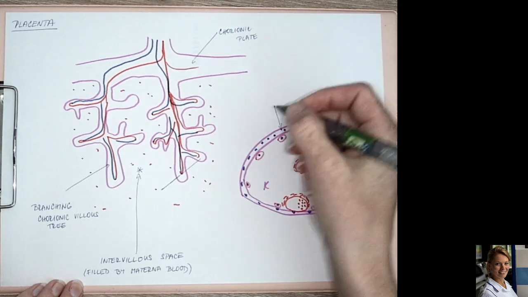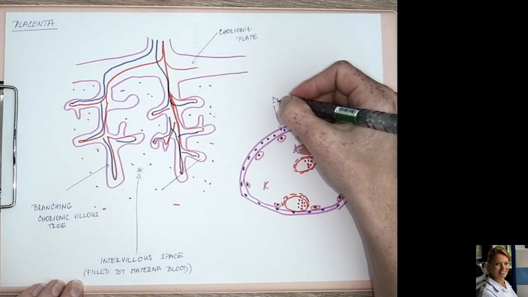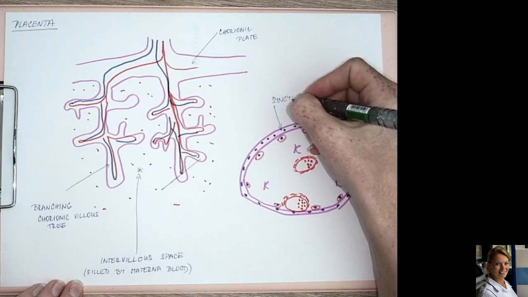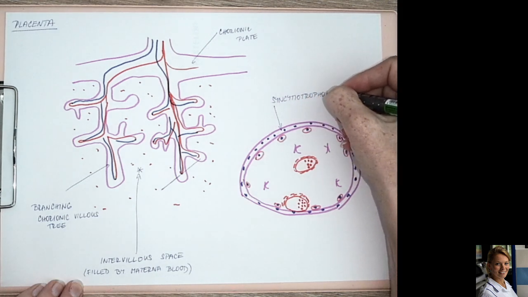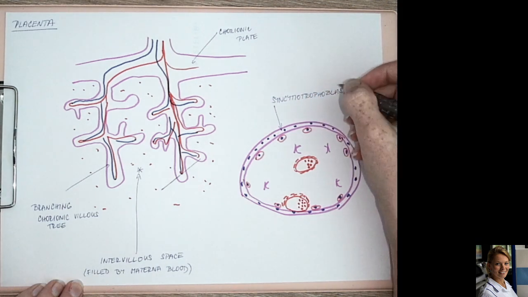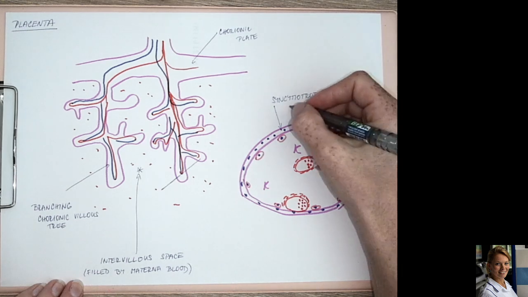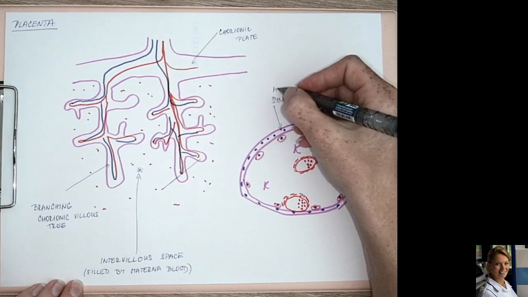On the surface of the villi is a syncytiotrophoblast layer. It's multinucleated.